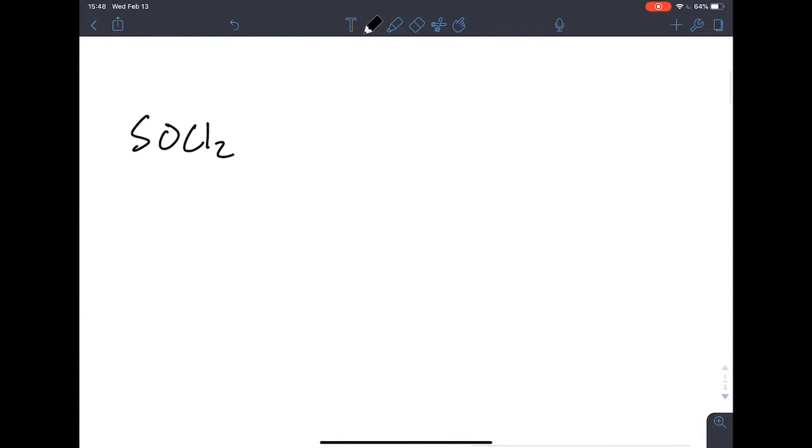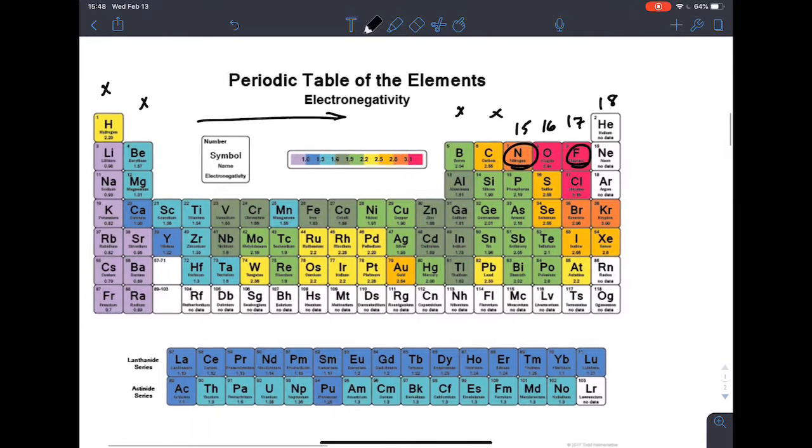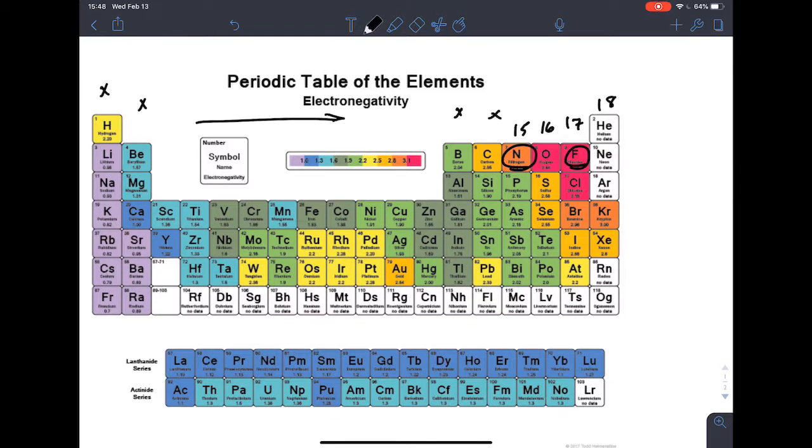Moving to a different example here. And so the striking example is that there's a couple of different atoms here, and we're not really quite sure which one should go in the middle. So if you see something like this, where there's a couple of different types of atoms, you need to consult your electronegativities. Now, we will put the atom that has the lowest electronegativity in the center.